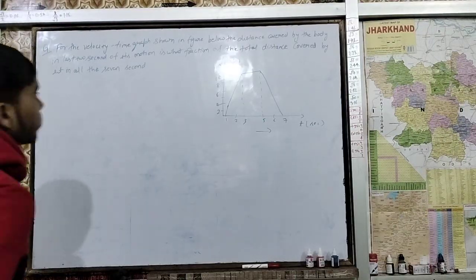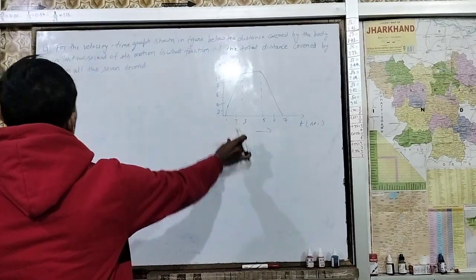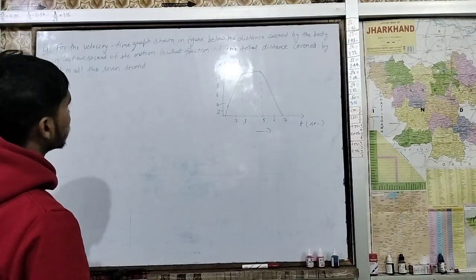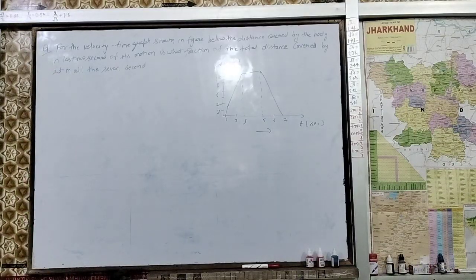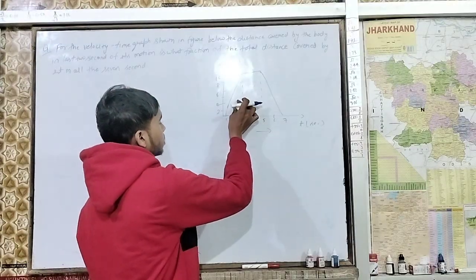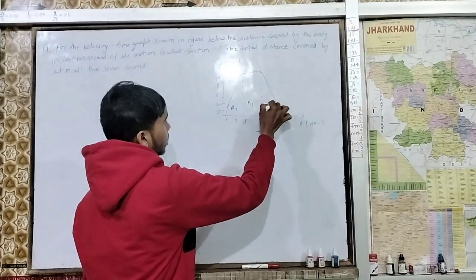For the velocity time graph for this given figure, the distance covered by the body in the last 2 seconds, in these 2 seconds, its motion is what fraction of the total distance covered by it in all these 7 seconds? First of all, let's find this A1, A2, A3.